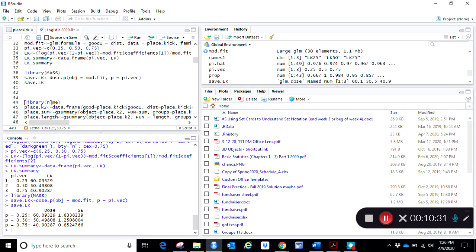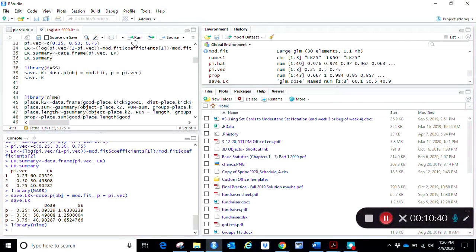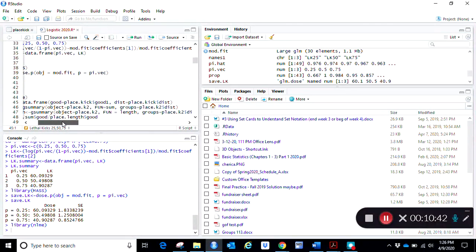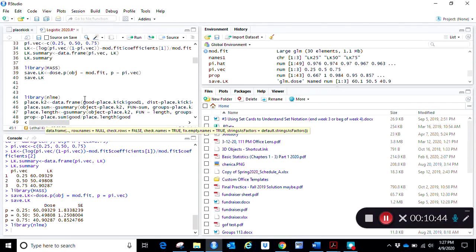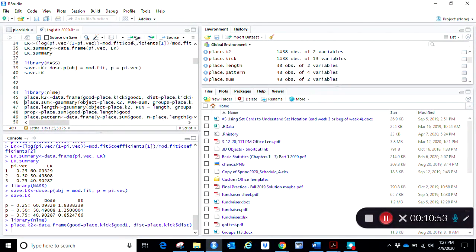Right, so again, first this library that I'm running is so I can get this gsummary function, which is the reasoning why I'm actually running this library. The first thing we're doing is just creating a data frame with just the two variables that I need. So I want my distance and whether or not that kick was good. So I'm just getting a data set with just those two variables in it. Now I'm going to summarize this new data set and get two different values from it.